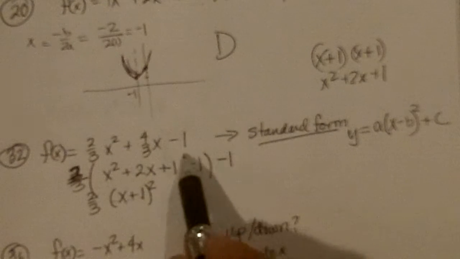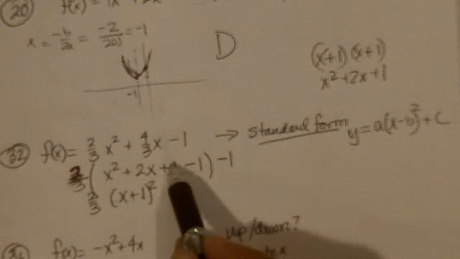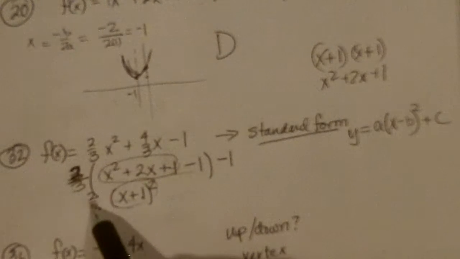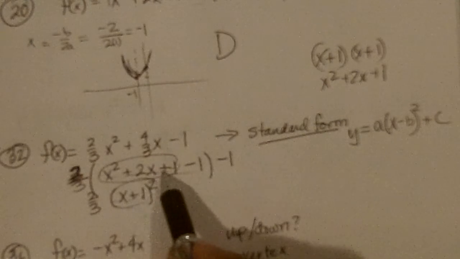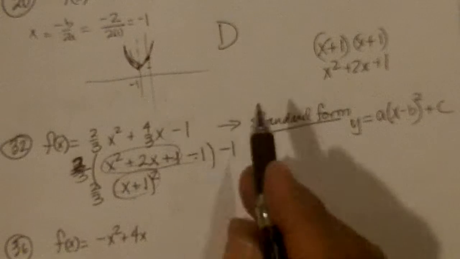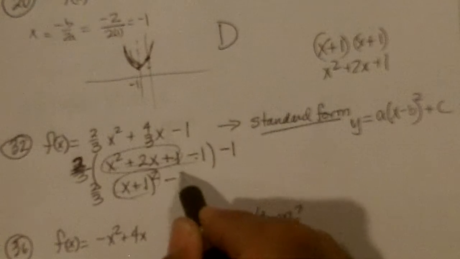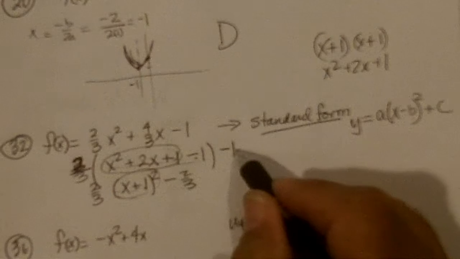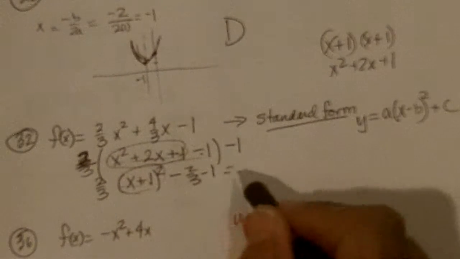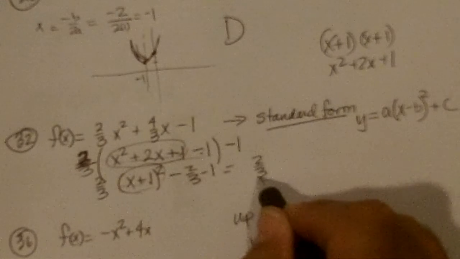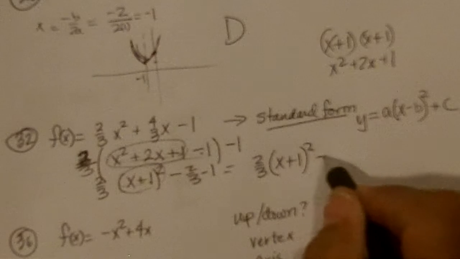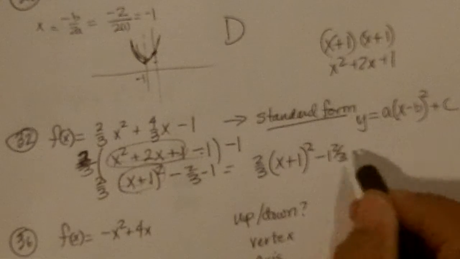By doing that, I haven't changed this problem, but these first 3 are this. So I have 2 thirds times those 3, but now I have this minus 1, so I have to take 2 thirds times the minus 1, which is minus 2 thirds. And then minus 1 on the outside, so it becomes 2 thirds times x plus 1 squared minus 1 2 thirds.